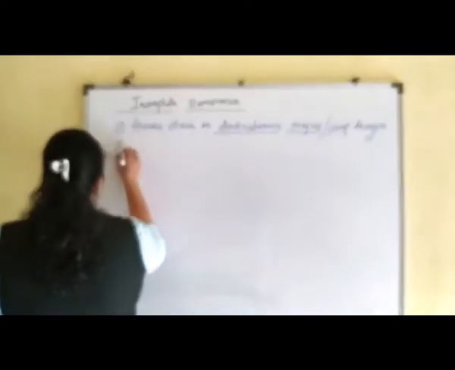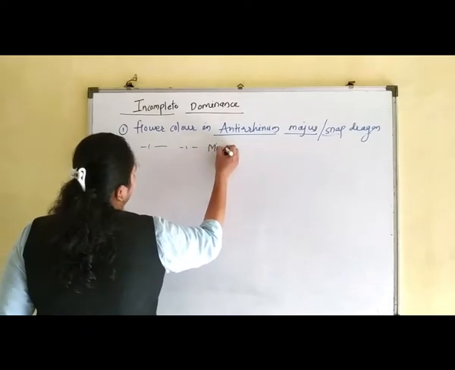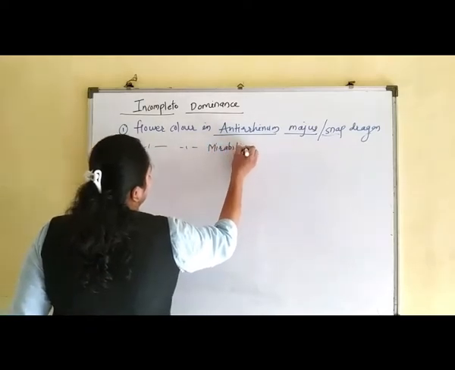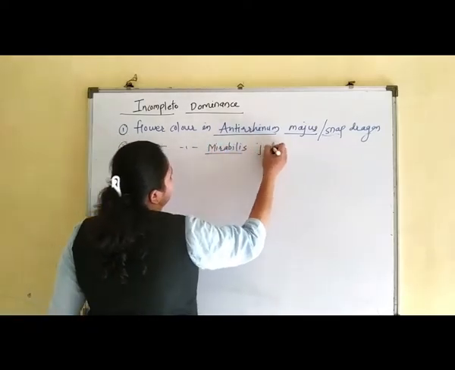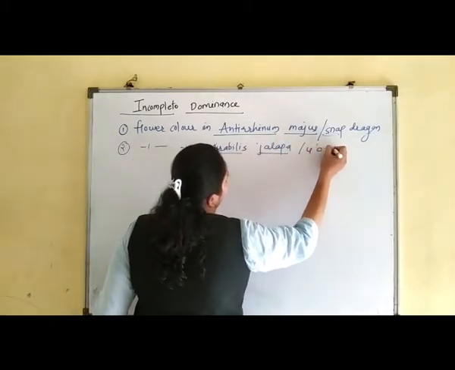Another example, flower color in Mirabilis jalapa, which is commonly called the 4 o'clock plant.